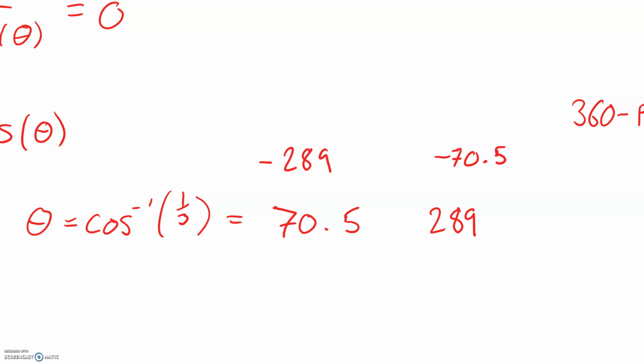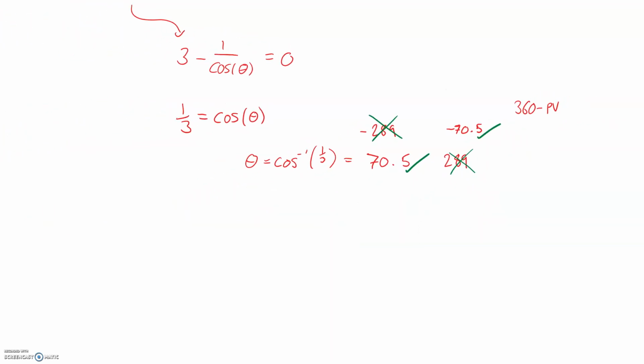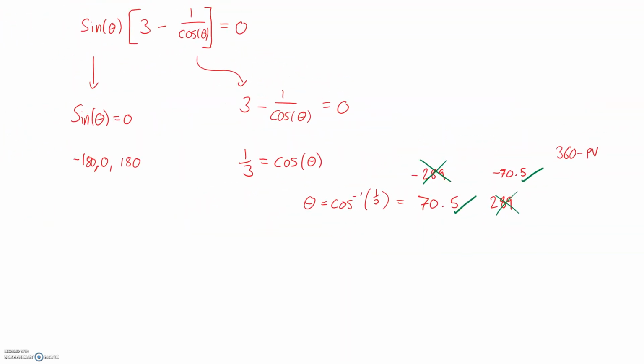Cos graph always gives nice symmetrical solutions, which is why it's no coincidence that these numbers are matched. But we can see now that the 70.5 solution and the minus 70.5 solution are within our range of values for theta, but the negative 289 and positive 289 are not. This brings our total number of solutions in this equation to 5.